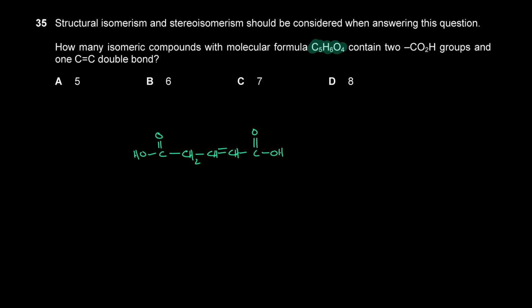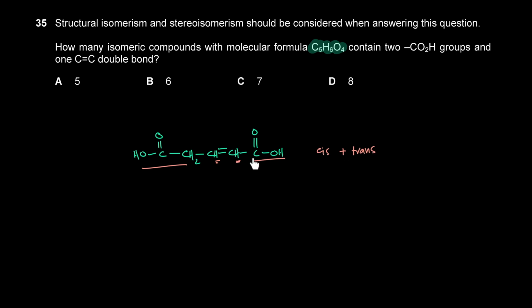Now, will this structural isomer exhibit stereoisomerism? It will, because if you look at the double bond, this carbon is bonded to a hydrogen and to this entire group, and this carbon is also bonded to a hydrogen and this entire group. So this structural isomer will exist in the cis and trans form.